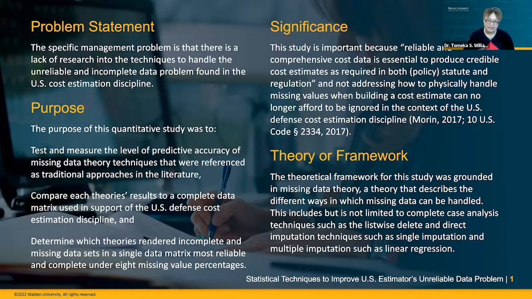So a lot of the laws actually speak to it, as mentioned before. But even some of my other sources, Dr. Marin at the time, the Office of the Secretary of Defense Cost Analysis and Program Evaluation appointee, even brought this to light: yes, we have a problem with credible data.